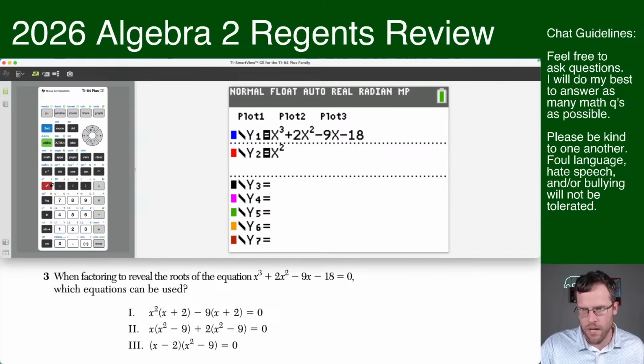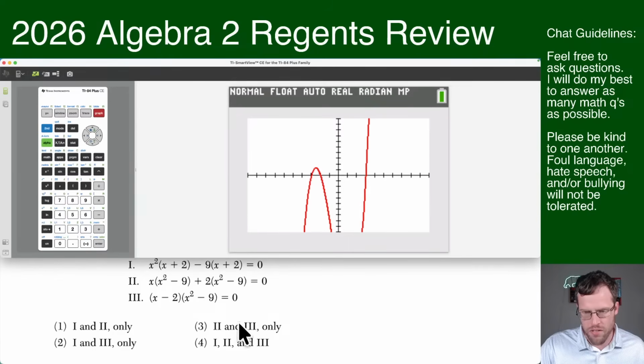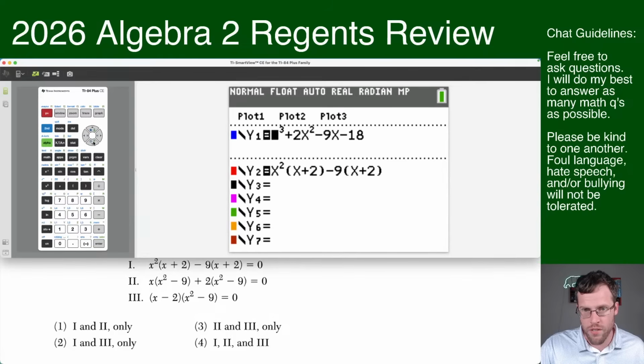All right. Now, this is going to be kind of tedious, but doing this algebraically is going to be somewhat tedious too. So let's see, minus 9 and then times x plus 2. When you do this and you press graph, see how the graphs overlap? So right away, Roman numeral 1 is good. So something like choice 3 is out because it's saying 2 and 3 only. But no, Roman numeral 1 works.